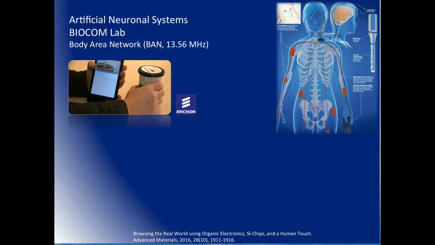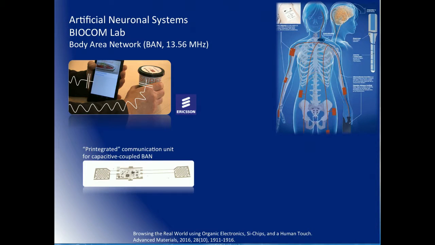So to communicate between these devices, we rely on the possibility that we can have displacement currents in our body fluids. Together with Ericsson, we have been working for almost 5 years to use the body area network technology, where we capacitively send a signal back and forth between, for instance, an iPhone, through the body and to printed electronics or to other devices that are located on or within our body.